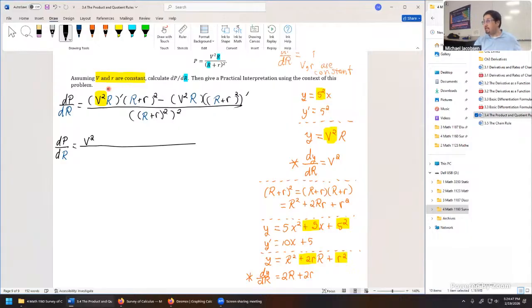So we get V squared here. On this line, we're just copying R plus lowercase r to power 2. Copy further all the way to here, V squared times R.